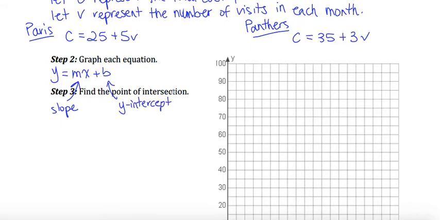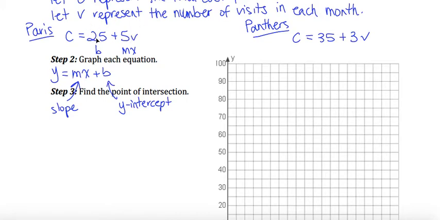We'll notice that these equations are backwards, right? So this would be our mx right here, and this right here is our b. So the number in front of your variable is your slope, and the number all by itself is your y-intercept.